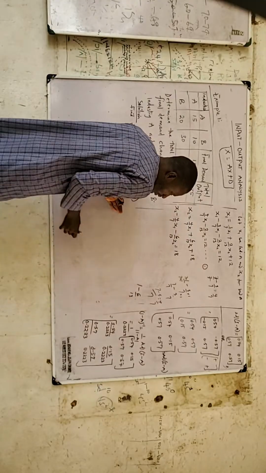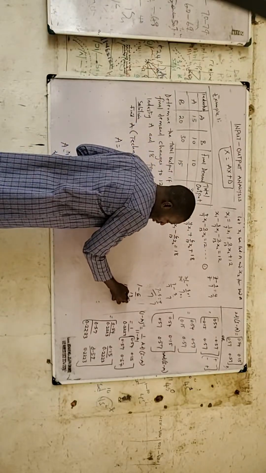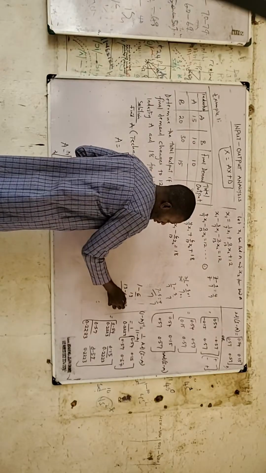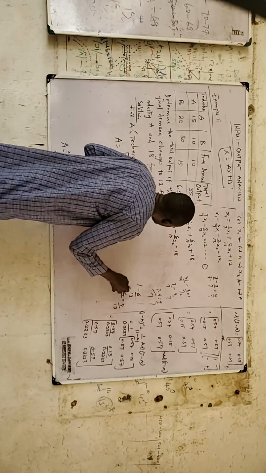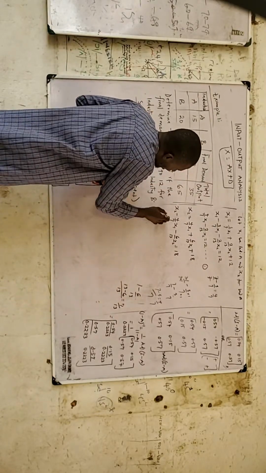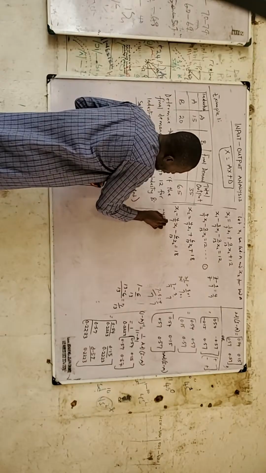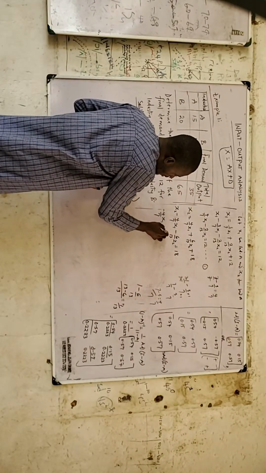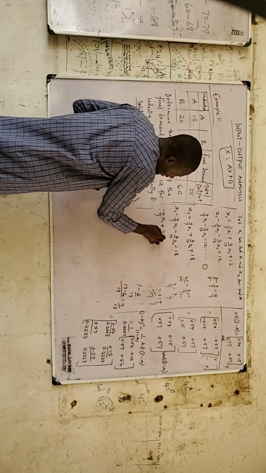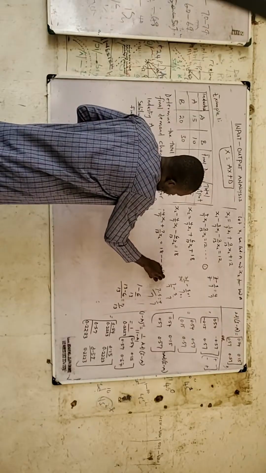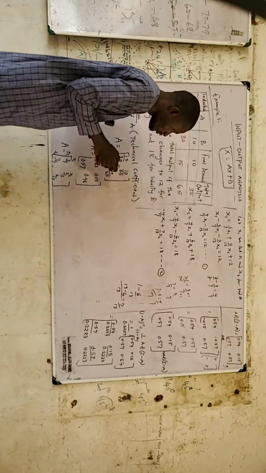Then it will be 13 minus 6 over 13, which is 7 over 13. So here we have minus 4x1 over 7 plus 7 over 13 x2 equals 18. That is equation 2.